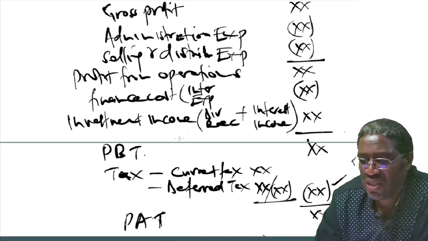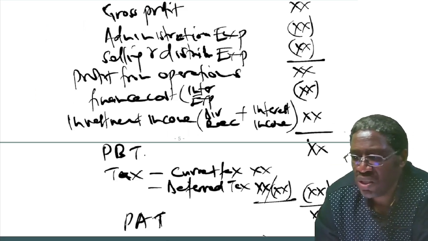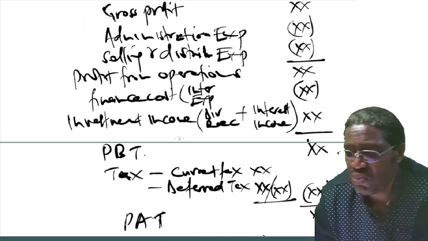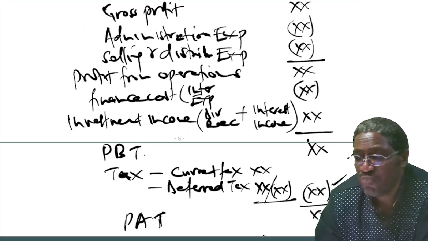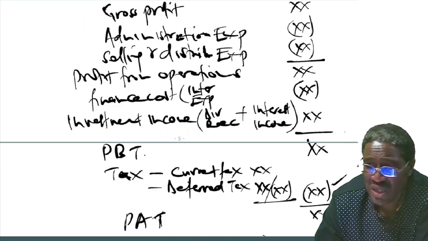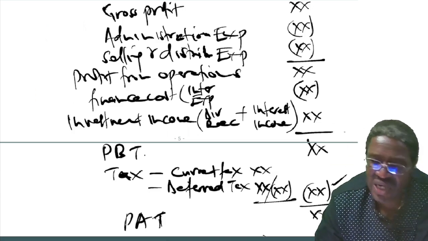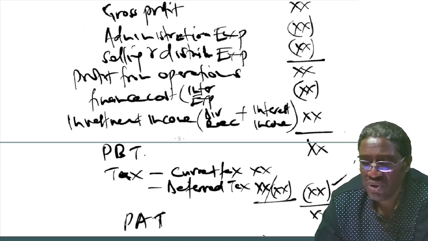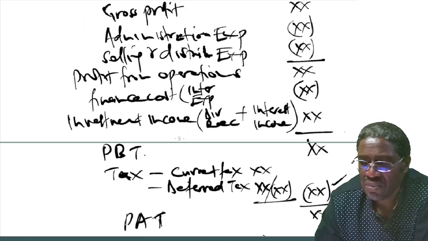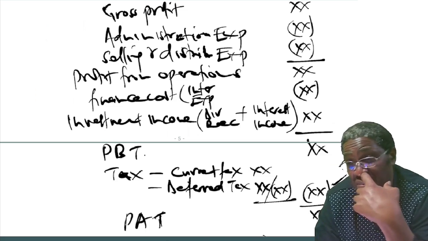Then you come and minus the tax. We have said there are two categories there. One is current tax. I've put it on the inner column. Then for deferred tax, I am saying this stroke means you can either add or minus for deferred tax, and we are adding or minusing from the current tax.